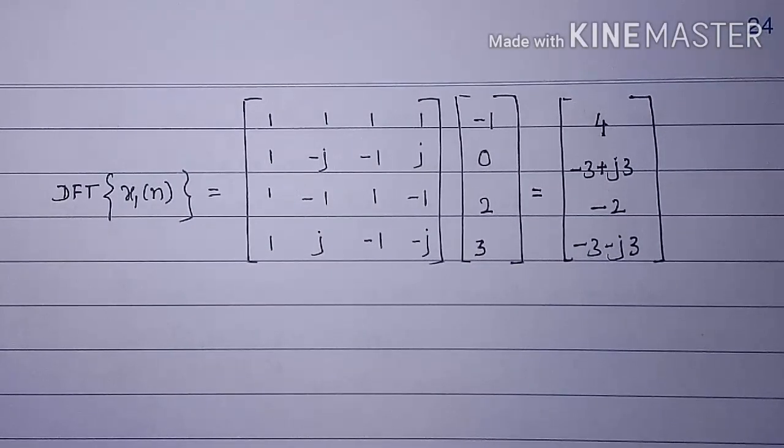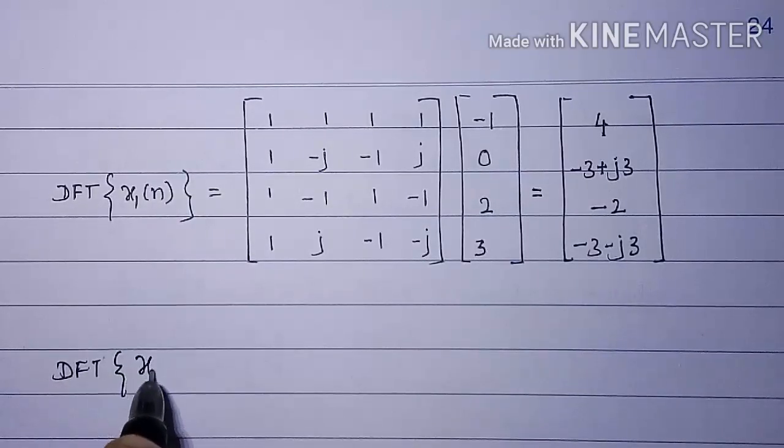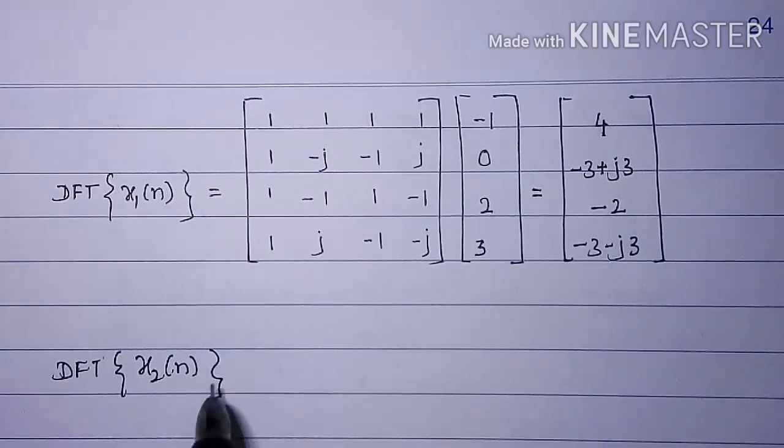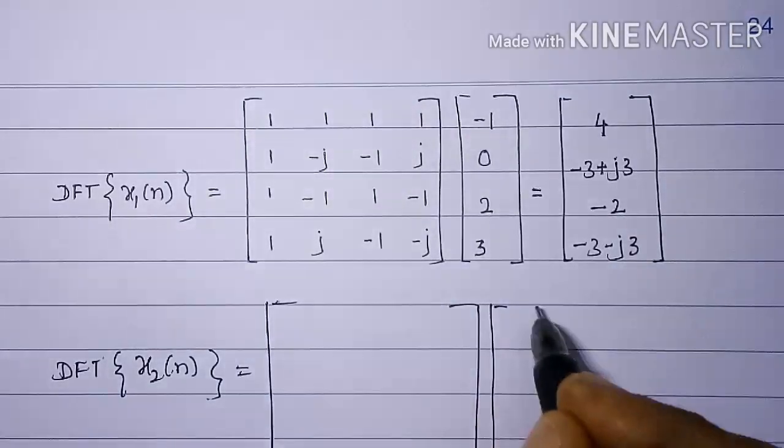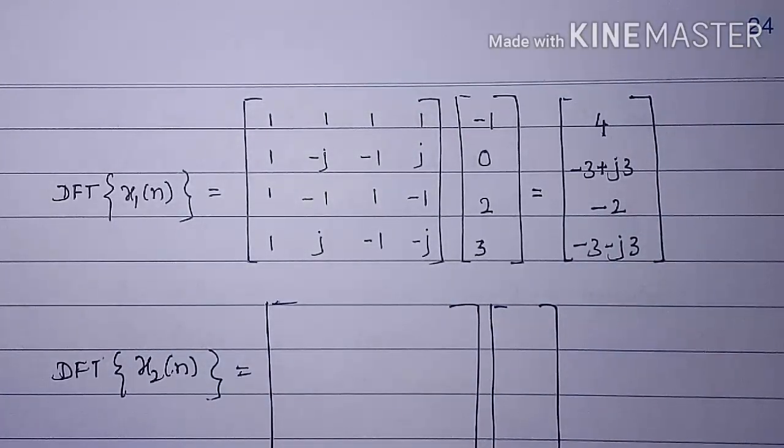Similarly, we will compute DFT of x2 of n. DFT of x2 of n is equal to twiddle factor matrix into x2 of n.